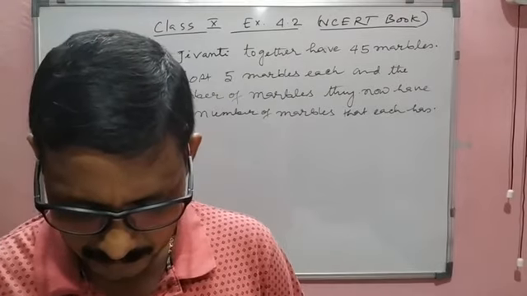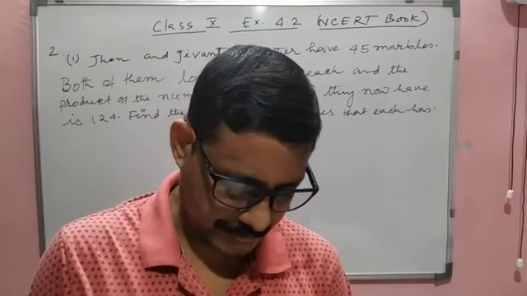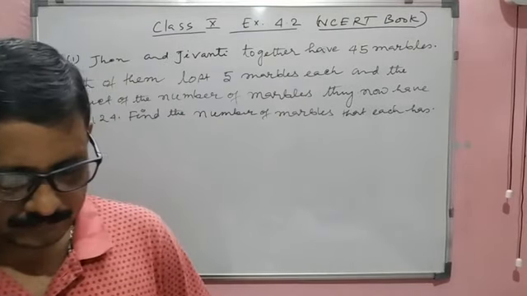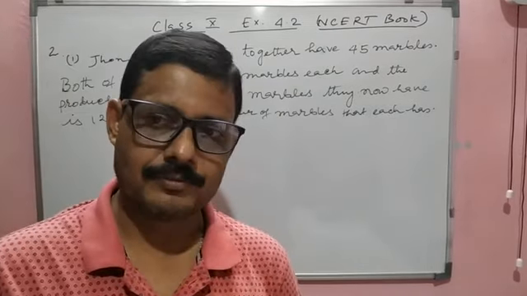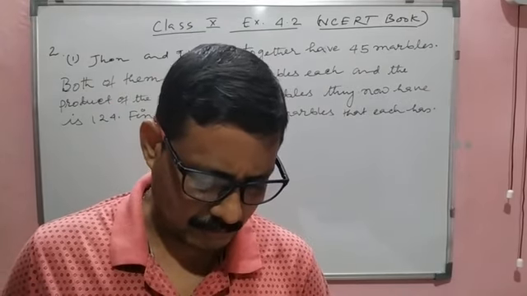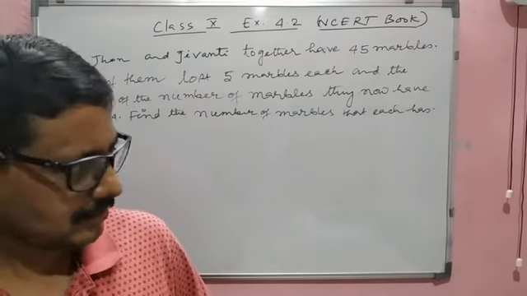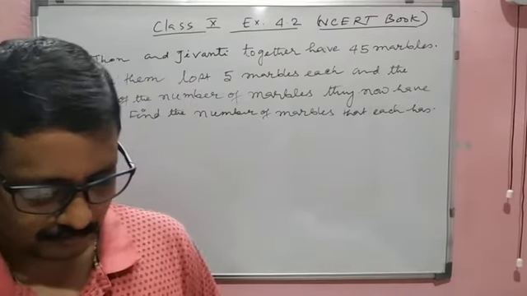So today we are going to study exercise 4.2 of the NCERT textbook. Already I taught you question number 1 of this exercise. Today I will start from question number 2.